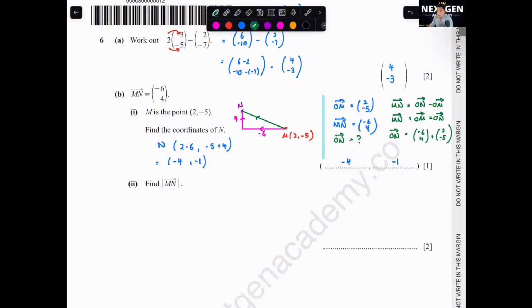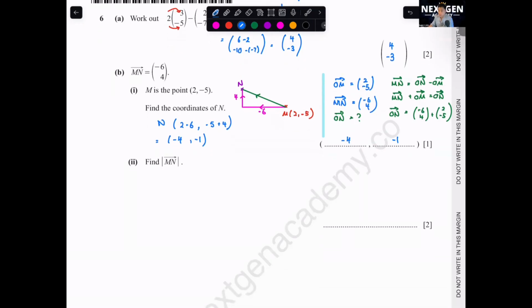Okay, question 2. Find the magnitude of MN. Okay, what is magnitude? What are these two lines beside the alphabet? We have to know that this will be the formula of magnitude.